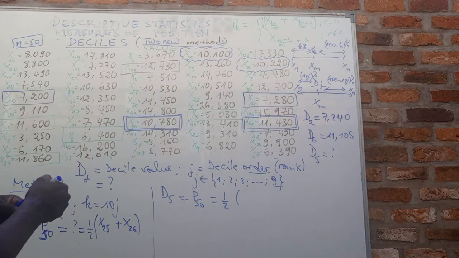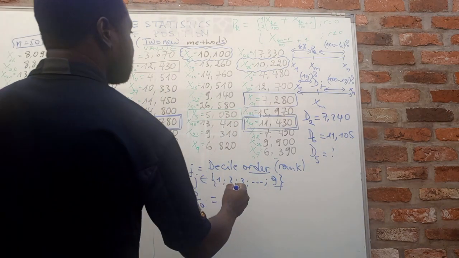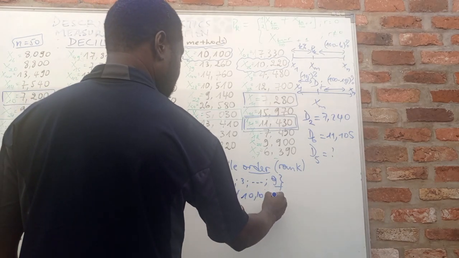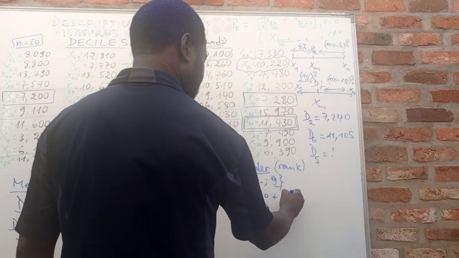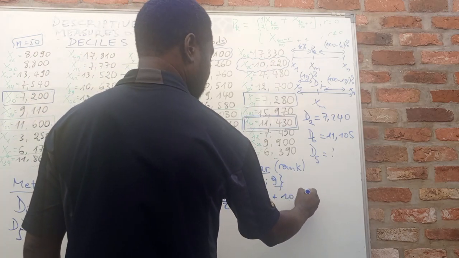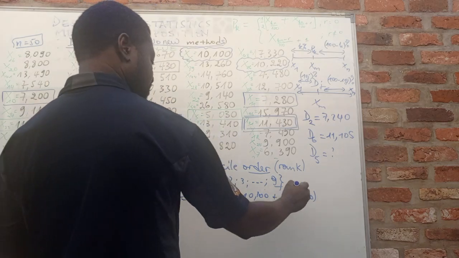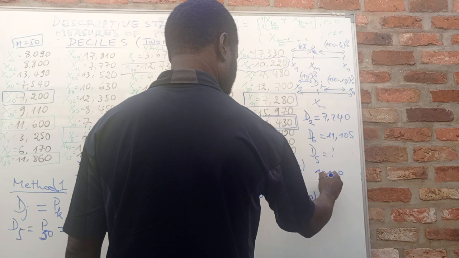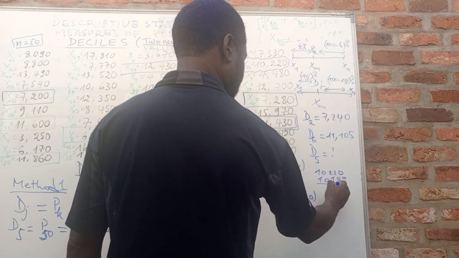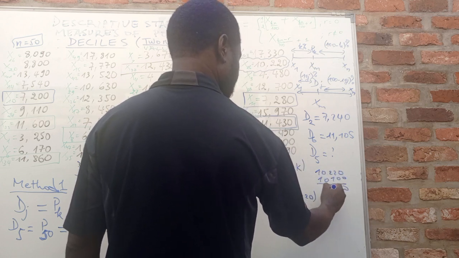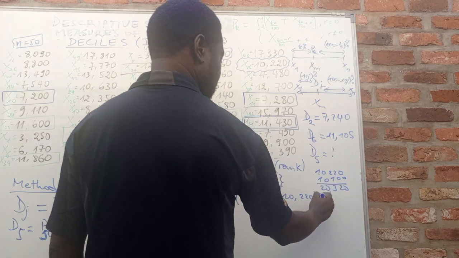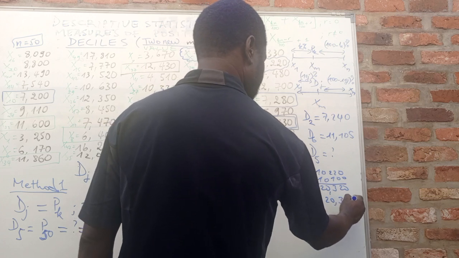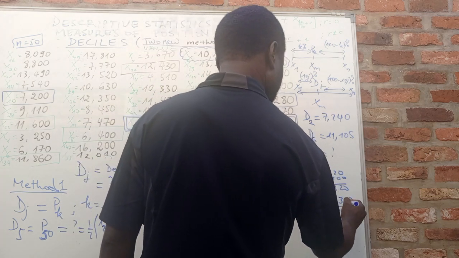Okay, so now substitution: 10,100 plus 10,220. Okay, now we have to add 10,220 and 10,100. This is 20,320. So we have to divide by 2.